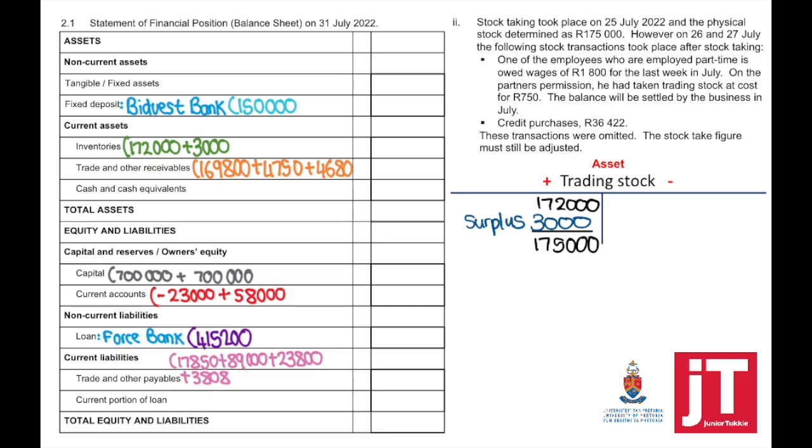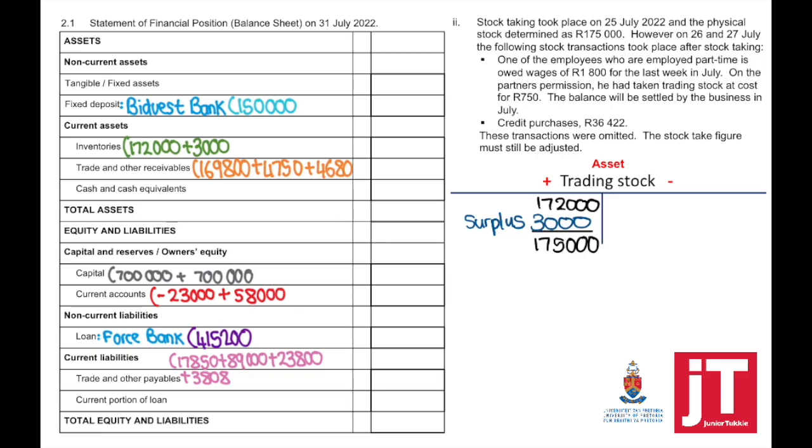But now we will need to adjust that 175,000 because after the stock take, there were adjustments. There were transactions that took place which was not yet recorded. And the first one was one of the employees who were owed his wages of 1,800 for the last week in July. And on the partner's permission, he had taken trading stock at a cost of 750.